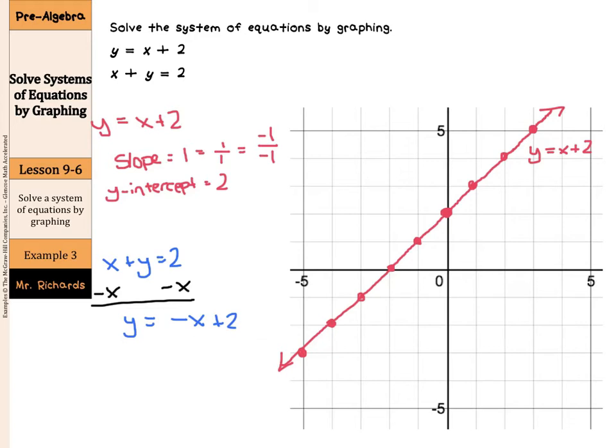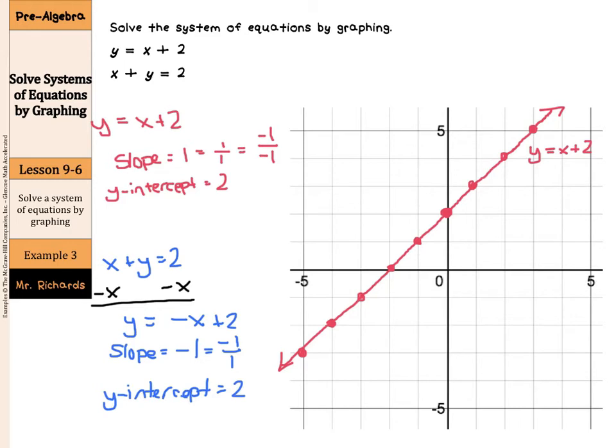So we have a slope that is negative 1, which is the same thing as negative 1 over 1, and a y-intercept now of 2. If we're going to be graphing using slope-intercept form, we need to make sure we're in slope-intercept form.